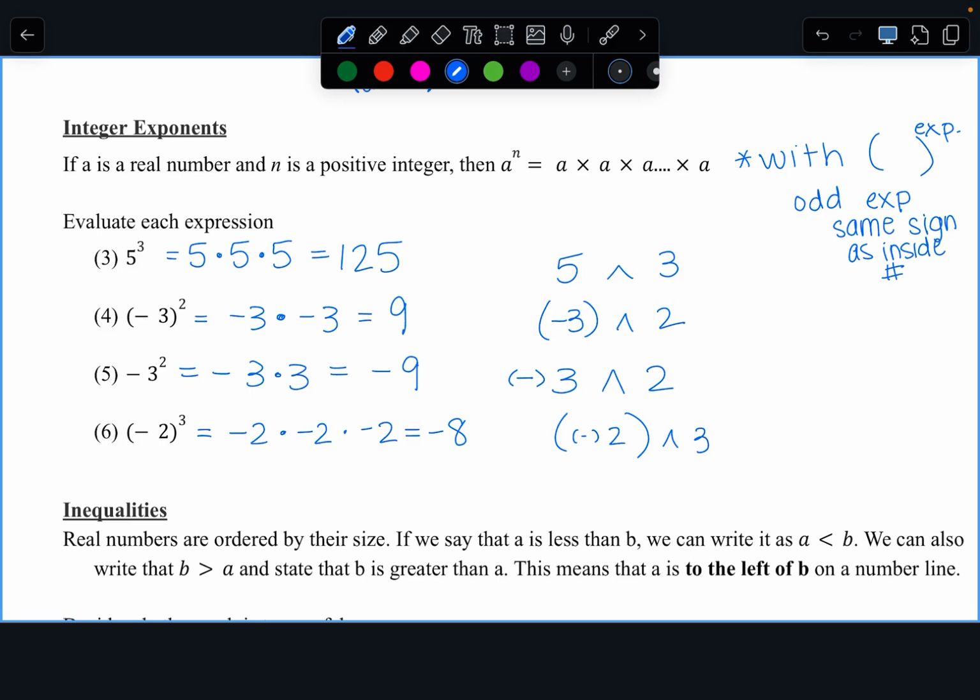But an even exponent is always going to be positive.